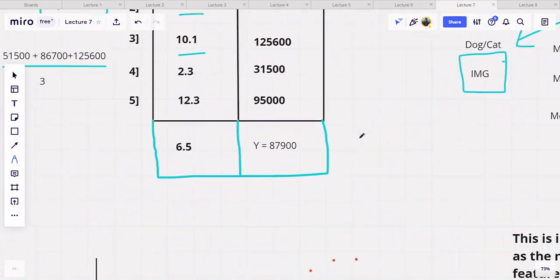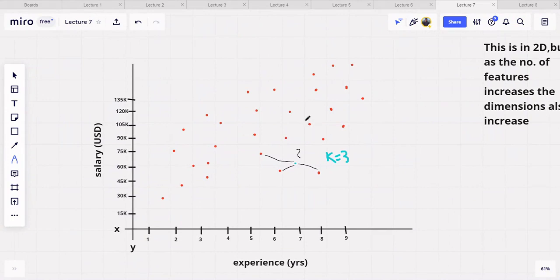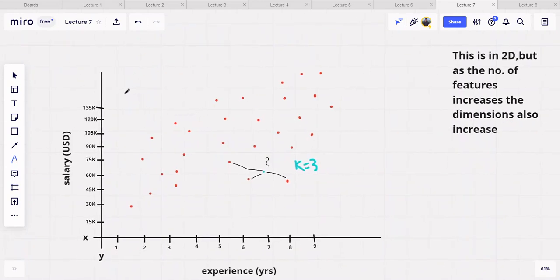Now let me explain to you how this works visually. Since we are using only 2 features, we can very clearly visualize this.